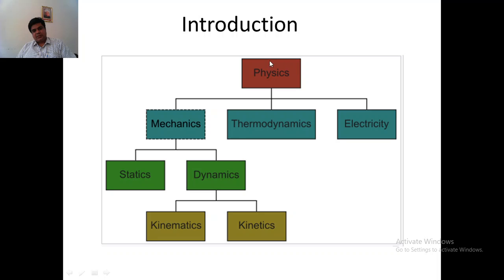Physics itself is a vast subject with different branches, and mechanics is one such branch, wherein you study what happens to materials when a load or force is applied on them.